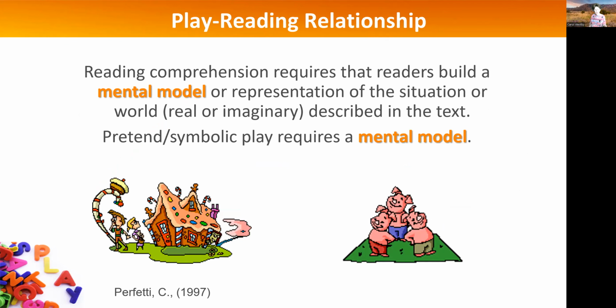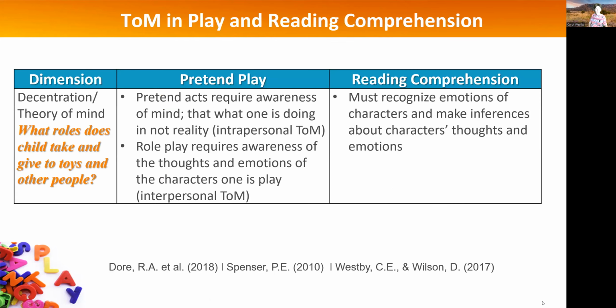Realize that when children are engaged in pretend symbolic play, they're developing a mental model in their head of that play situation. So symbolic pretend play provides children with opportunities for building mental models. Now let's look at each of these dimensions and how they're related in play and reading.